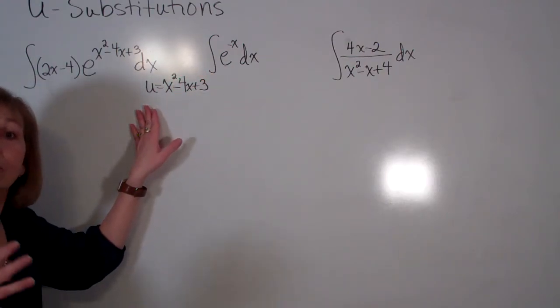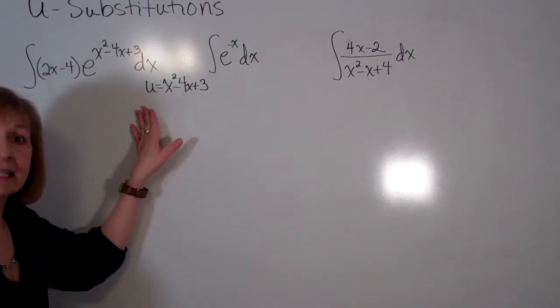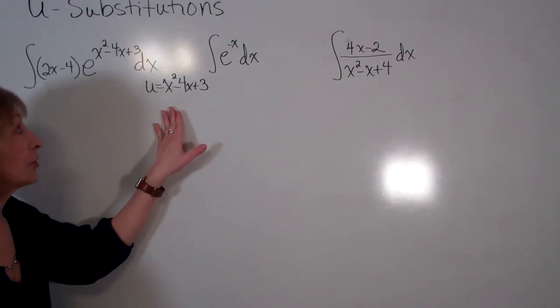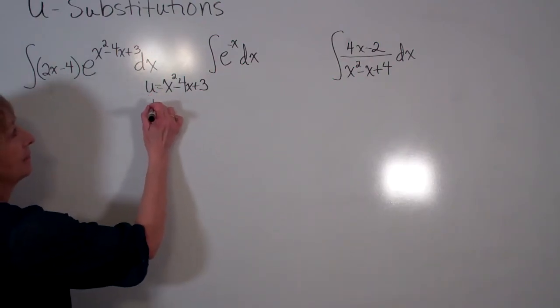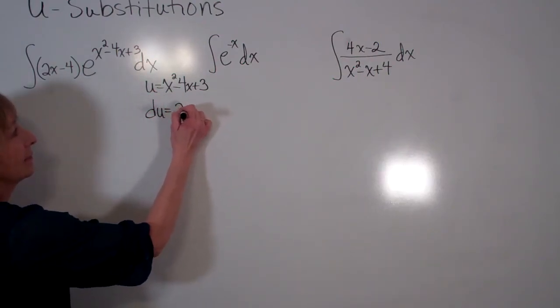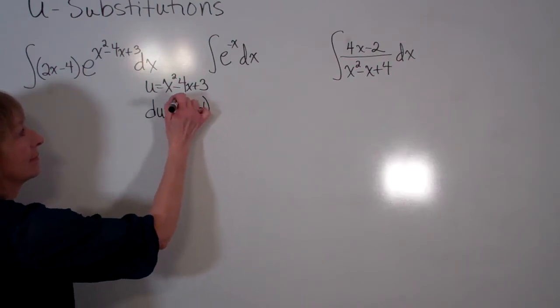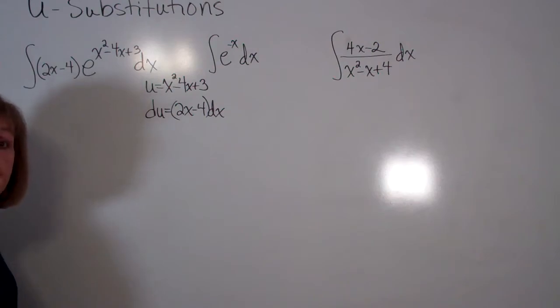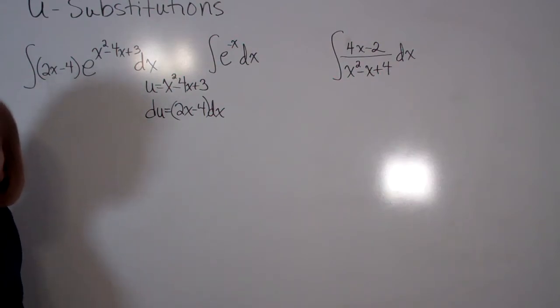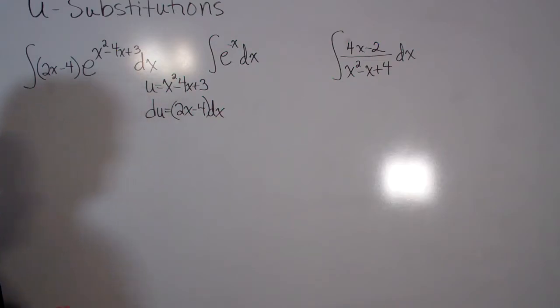Then think of what your differential is. The differential du is 2x minus 4 dx. And then look back and see if you have that as a replacement exactly or a constant multiple of that.